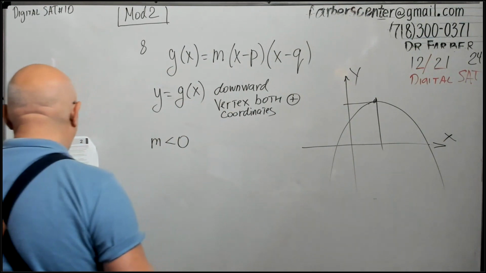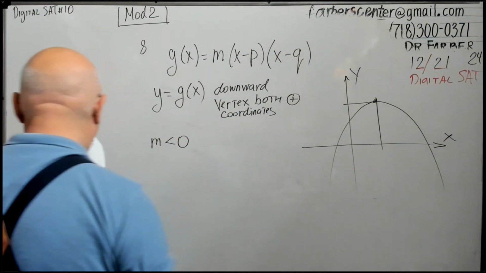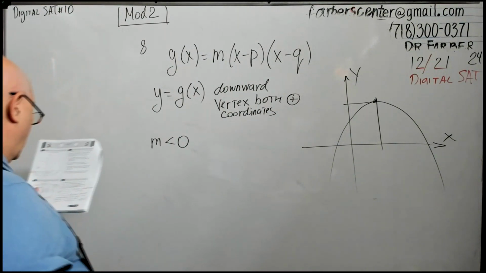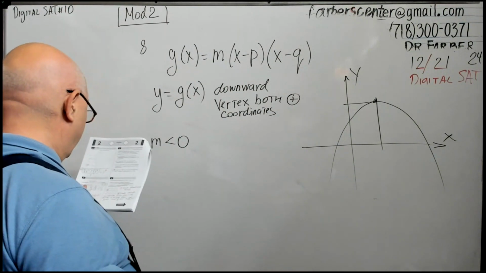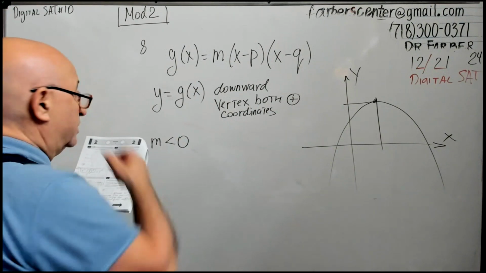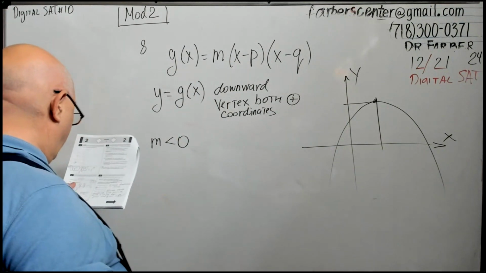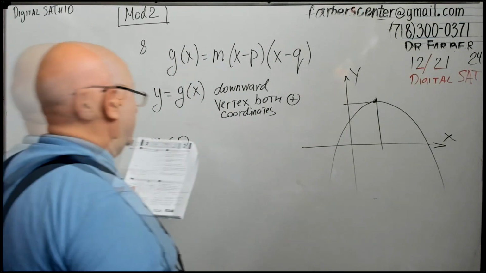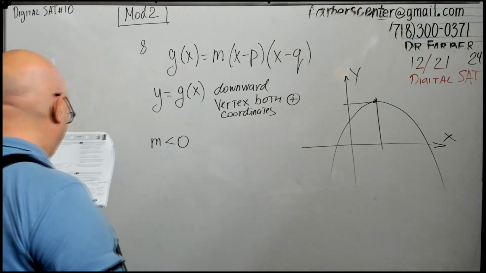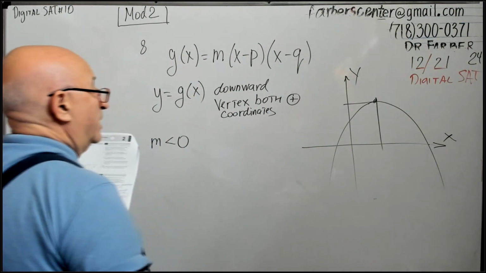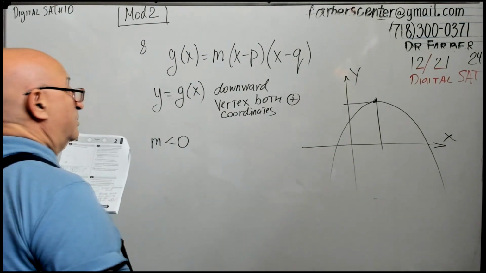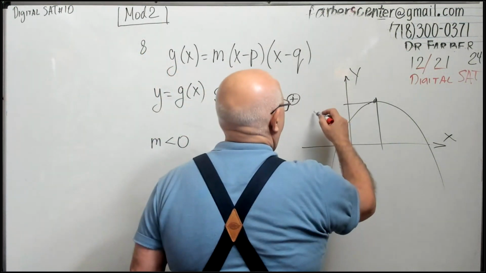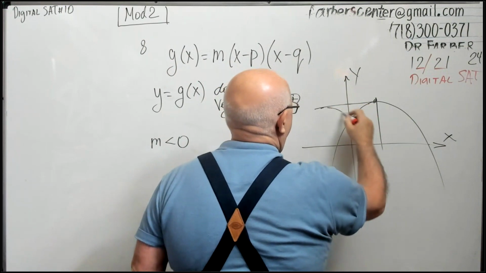Okay, look at the multiple choice, what they ask you about. P and Q, these roots. And if this is positive, what is supposed to be? This root is also supposed to be positive, because in this particular case, if one were negative, it would go like this. It could go.